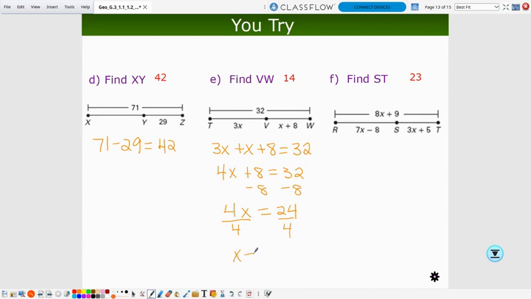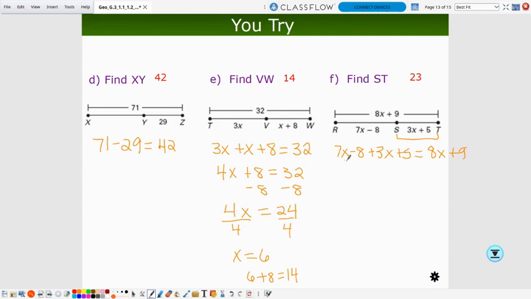We'll get our x value to be 6. We have to take our x value to plug in here. So we're doing 6 plus 8 to get the 14. Same thing with this last one. We need to find ST, which is this. We know a bunch of things here. We know that 7x minus 8 plus 3x plus 5 is equaling the full length of 8x plus 9.